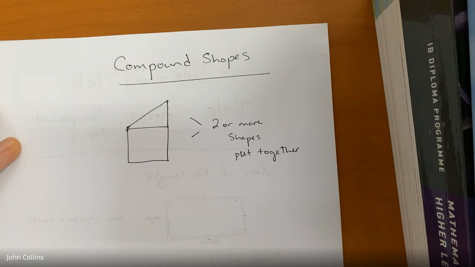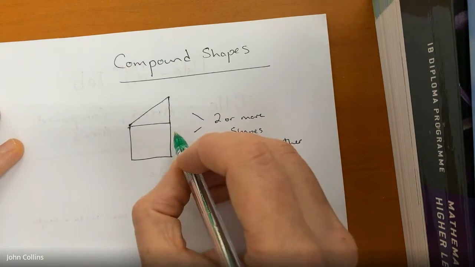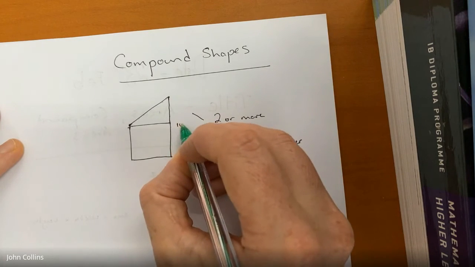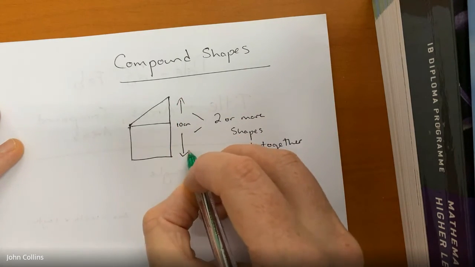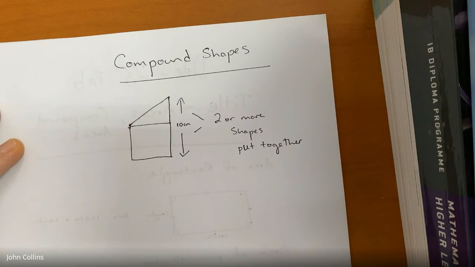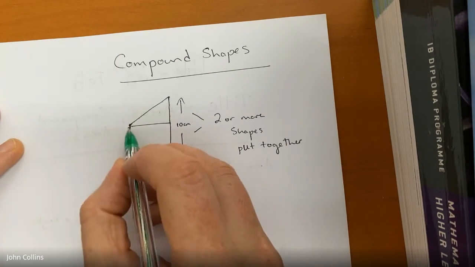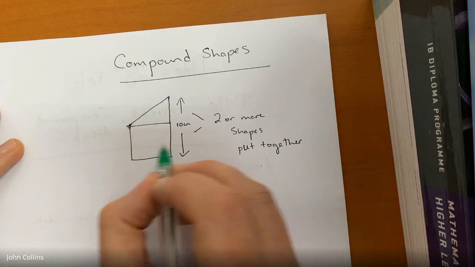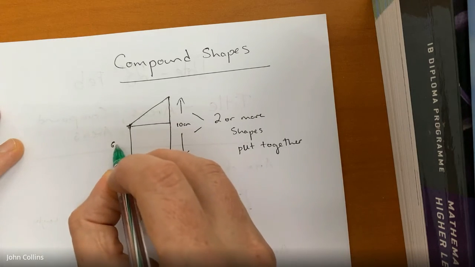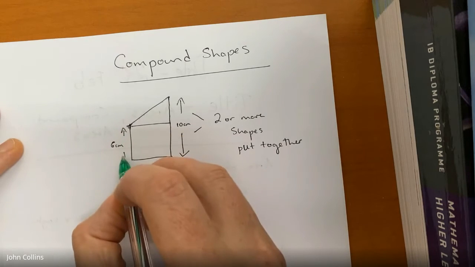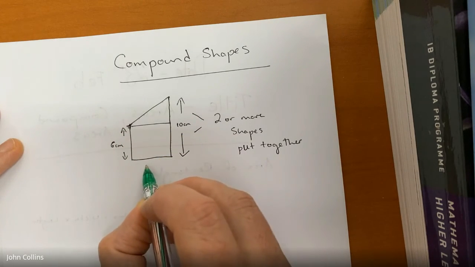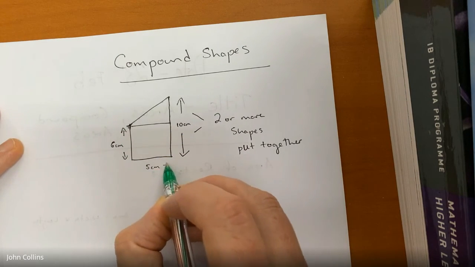So if I wanted to find the area of this shape, I need some information. I'm going to say that it is 10 centimeters in height. This part, just this part from here to here, is 6 centimeters. From here to here. And it's got a width of 5 centimeters.